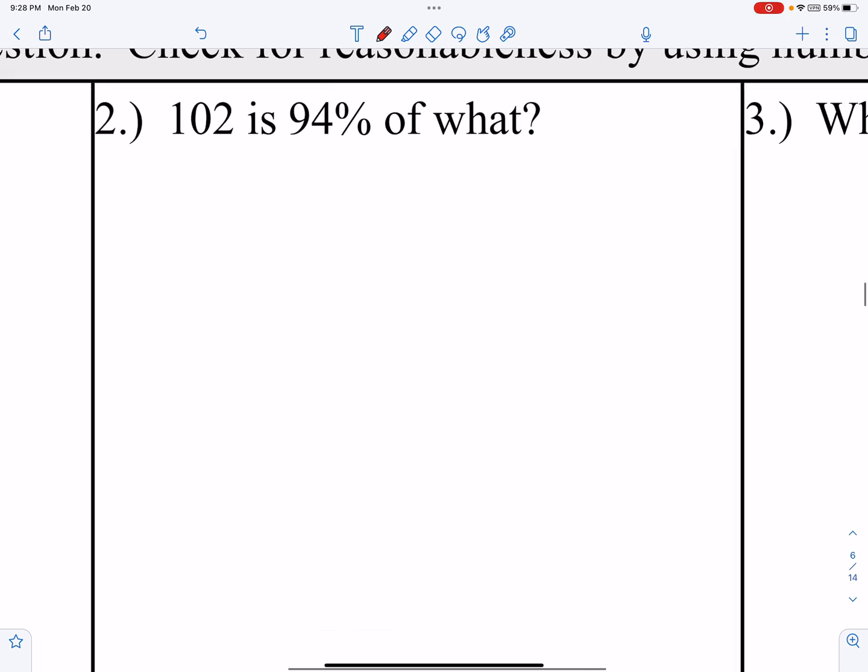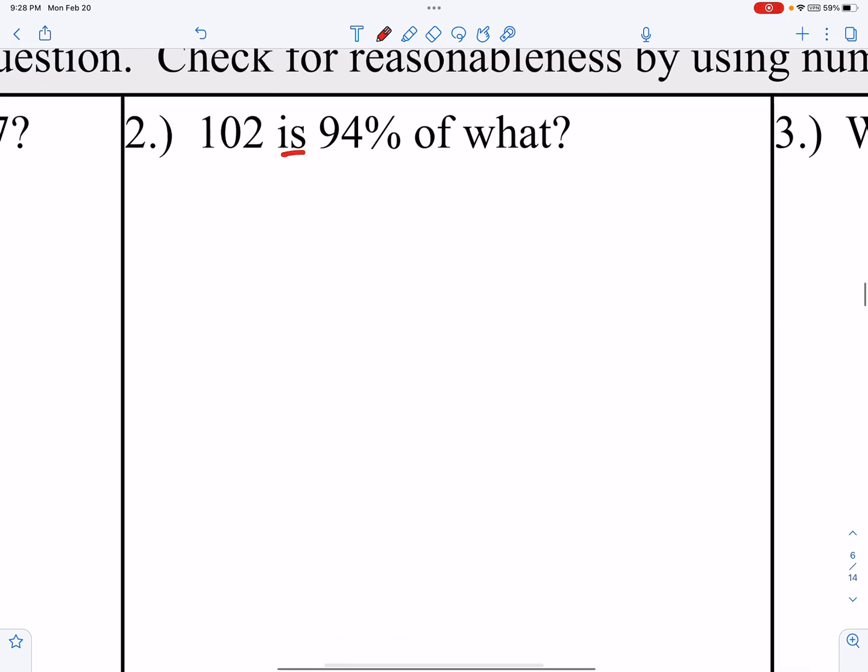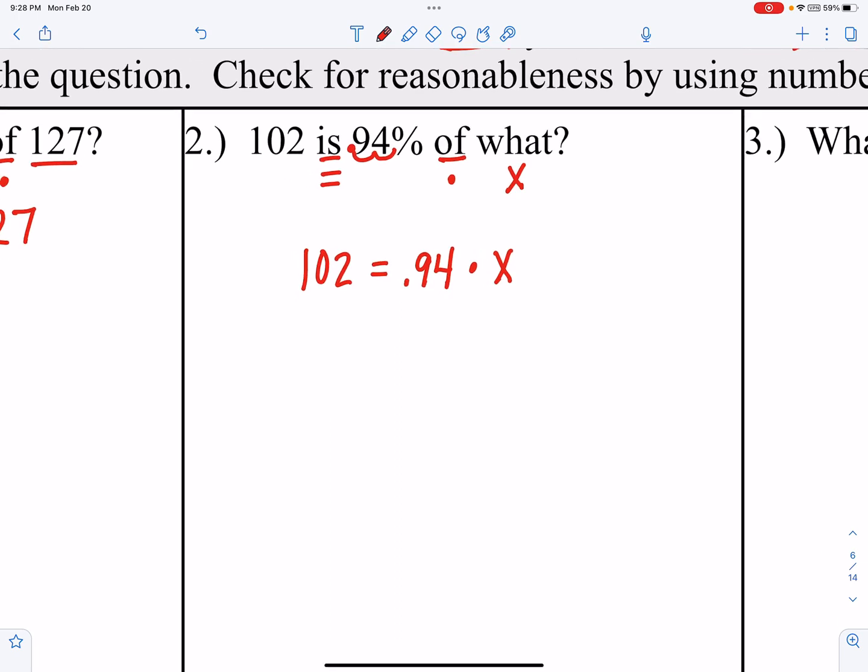All right, next one. I'm looking at these hint words here. We know this means equals, this means multiply, and this is my variable. So all I have to do is plug it in now. So 102 is 94% of what? We have to change 94% to decimal form, so we have 0.94. To isolate the variable, we're going to divide both sides by 0.94.